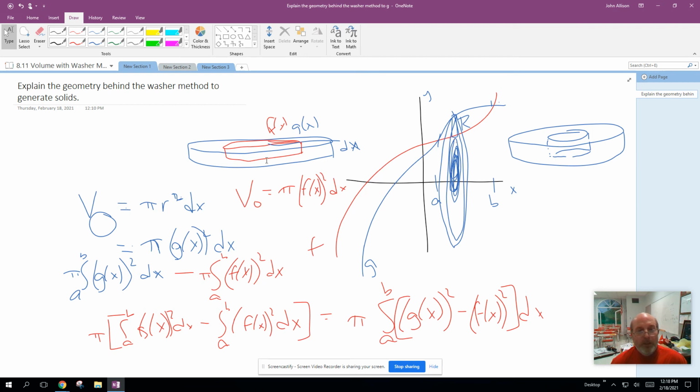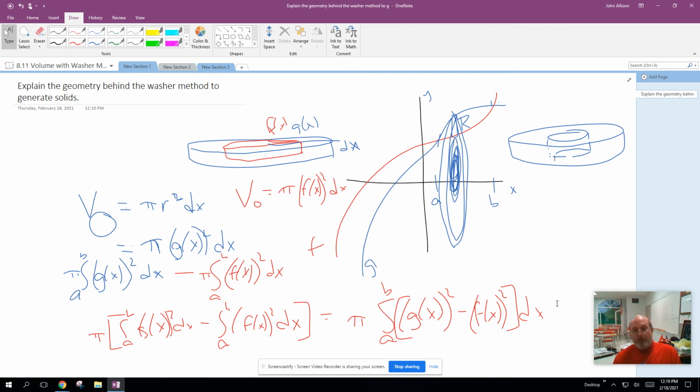All that comes about because we have basically one large disk, where the volume of that one large disk is pi times the upper function squared times dx, minus the volume of a smaller disk that we cut out and bring out, which is pi times the lower function squared times dx. And with the properties of integrals, let's bring that into one thing.